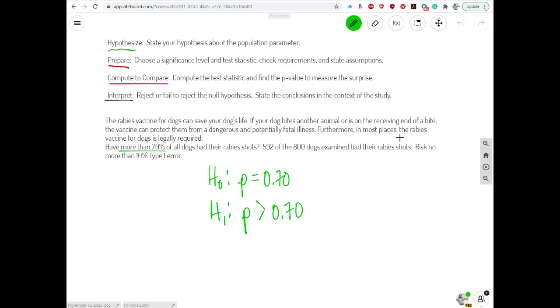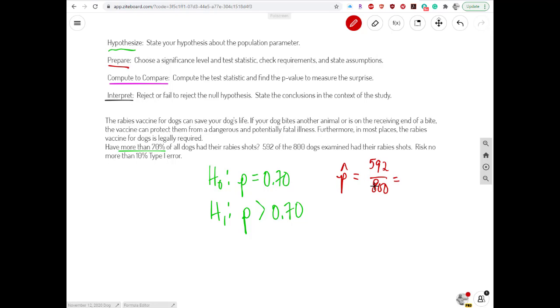The next step is to prepare. We can do this a variety of ways. I like to start by writing out some of the pieces of information that we have already been given. First thing I can do is write out my p-hat. My p-hat is the proportion that we see in the sample. So that's going to be 592 divided by 800.